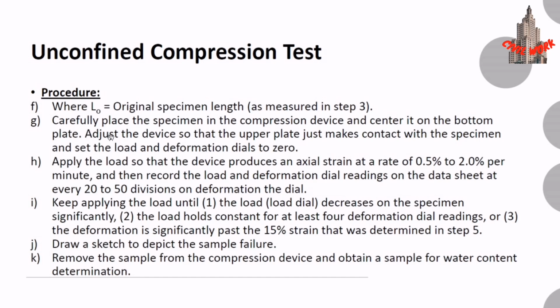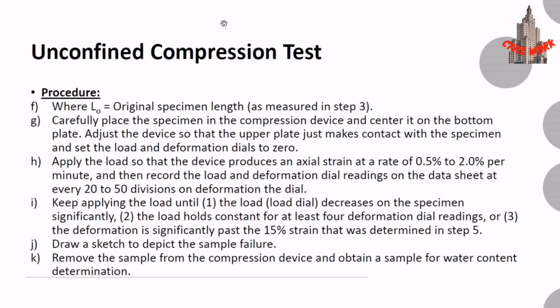Then we have to carefully place the specimen in the compression device and center it on the bottom plate, and then adjust the device so that the upper plate just makes contact, not applying pressure. It only just makes contact with the specimen, and set the load and deformation dials to 0.